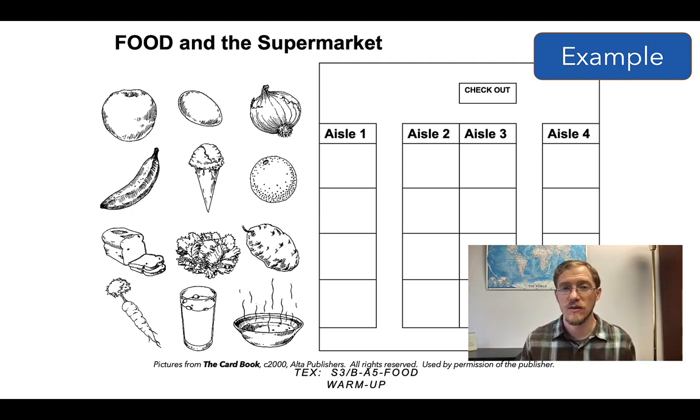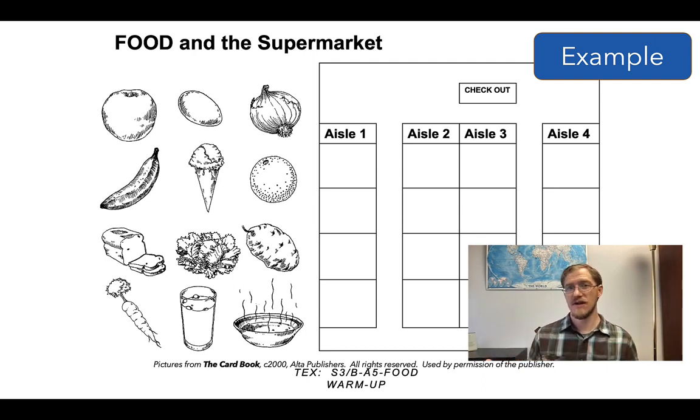Vegetables are on aisle 1, and then the students have to put that in. Or you could say, on aisle 2 there are apples. There are apples on aisle 2. There are bananas on aisle 2. In other words, aisle 2 has fruit, and so on, and they have to categorize and move those pictures of items to different places.